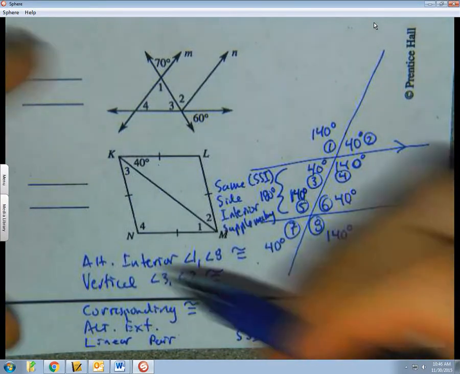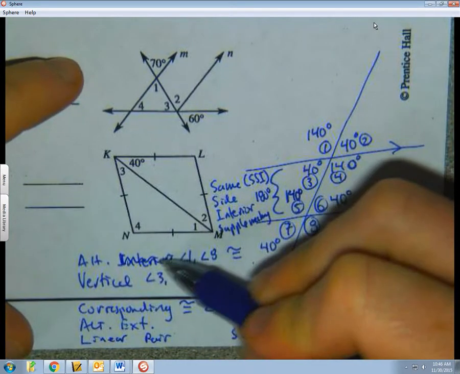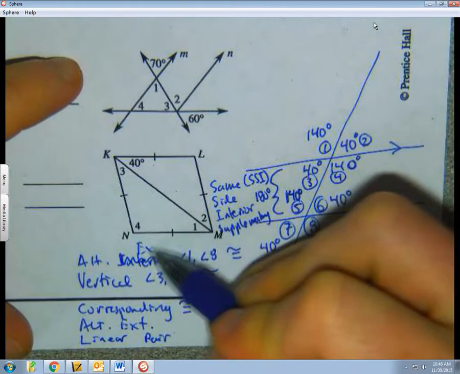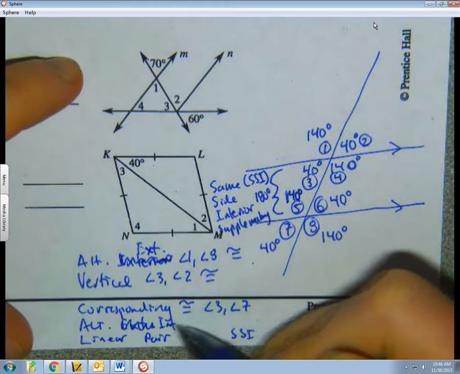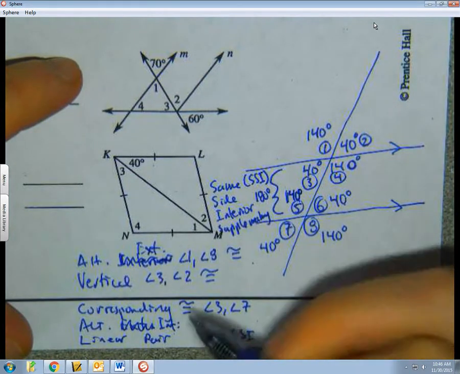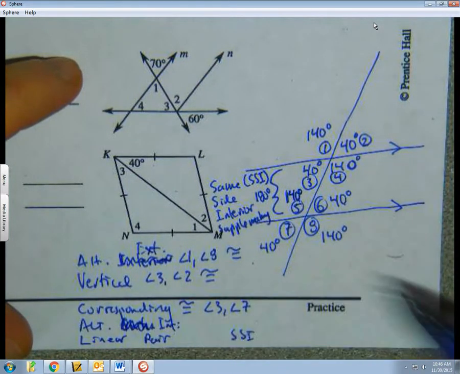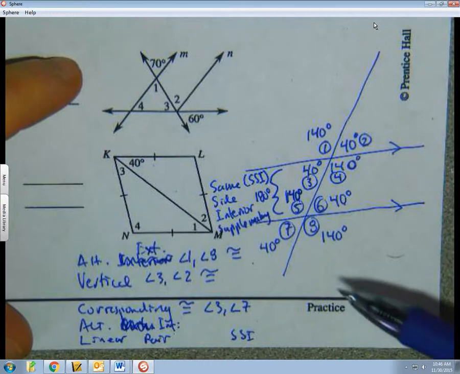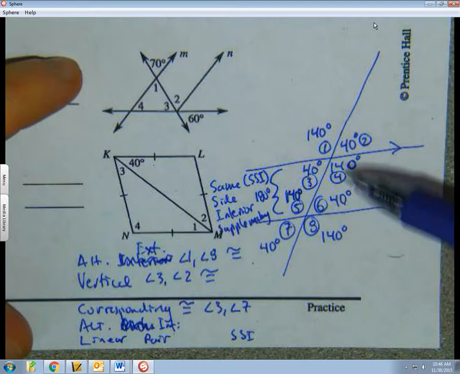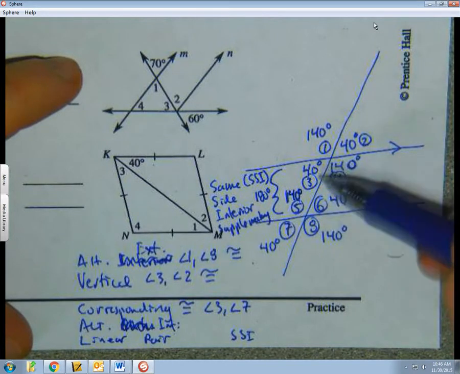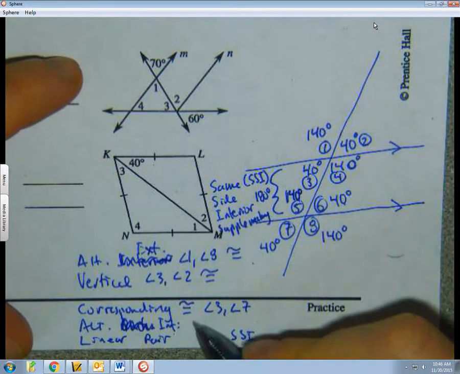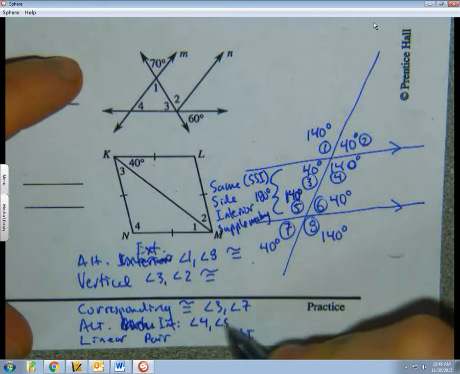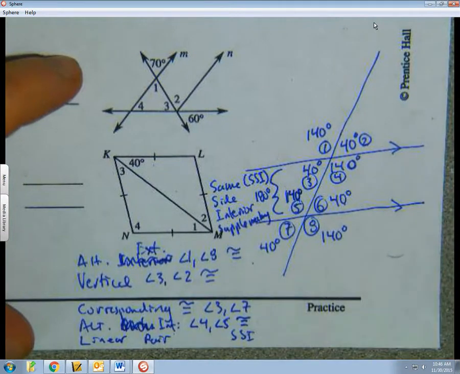So this would be alternate EXT, and this will be alternate INT. My bad. Simple change we can make. Alternate exterior is 1 and 8, and alternate interior would be like 4 and 5. What you notice about that is those are congruent.